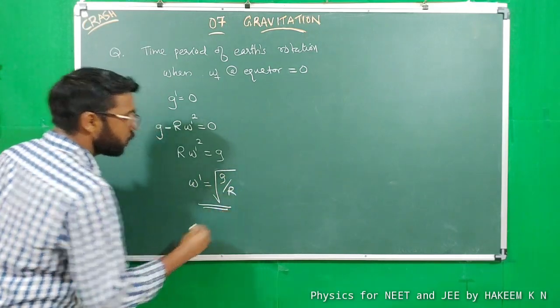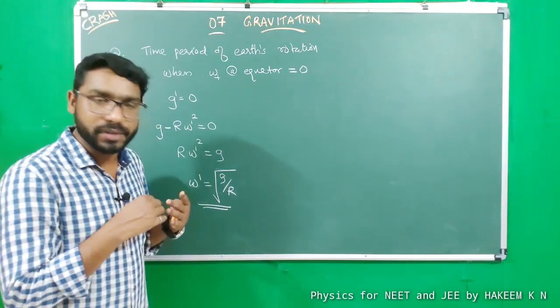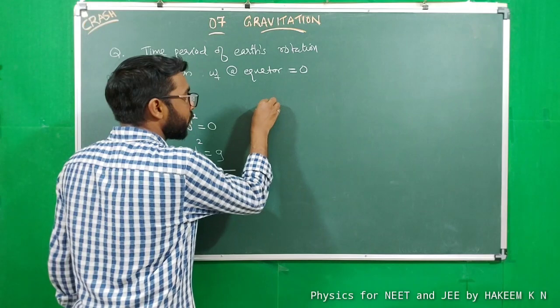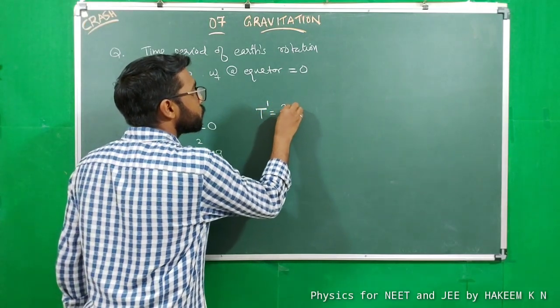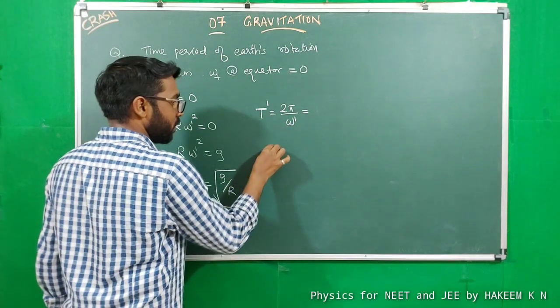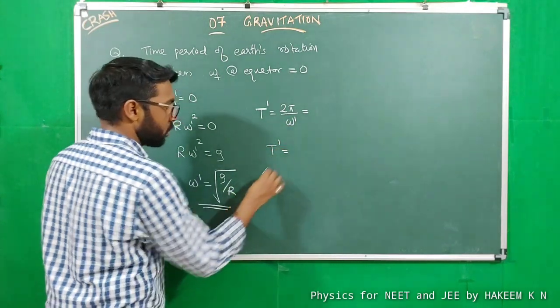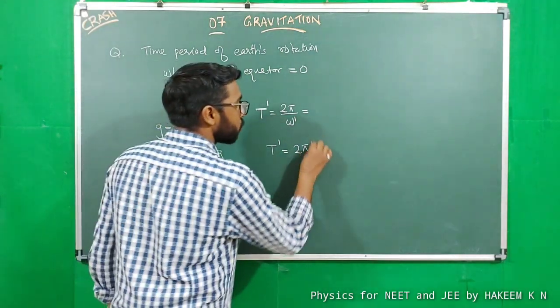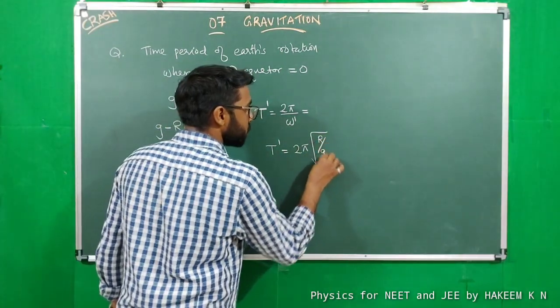This is the new angular velocity of Earth's rotation, and the new time period T dash equals 2 pi by omega dash. So T dash equals 2 pi by root of g by r, or 2 pi root r by g.